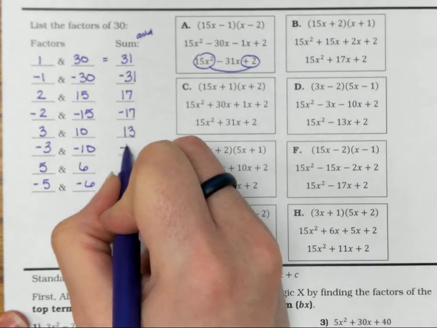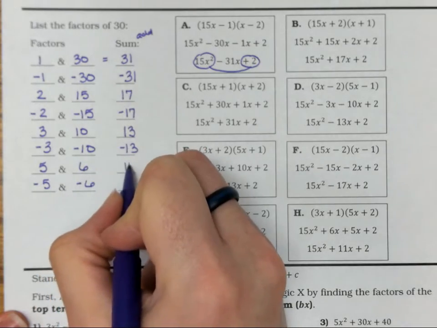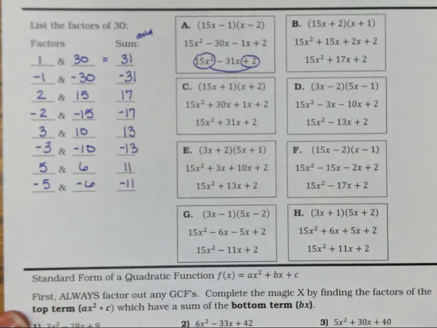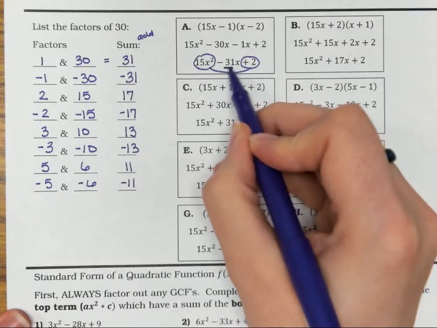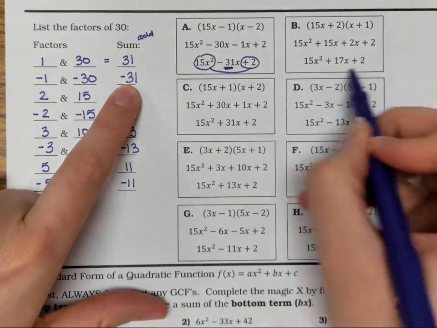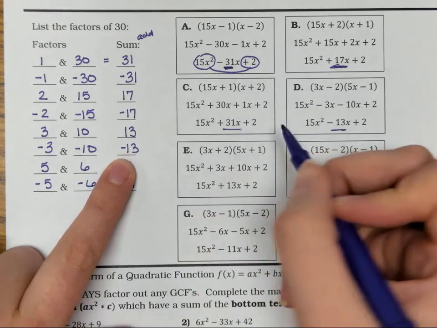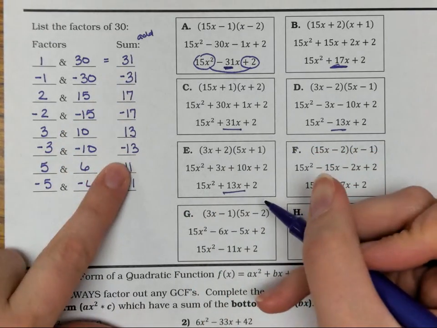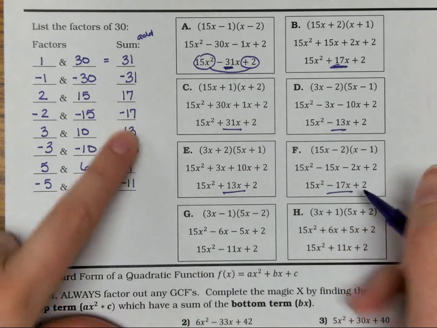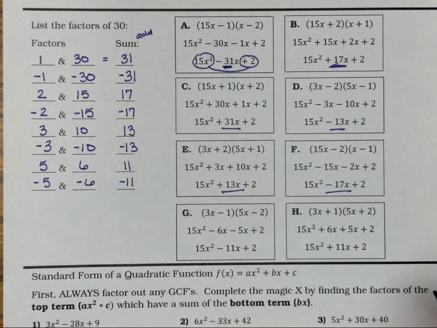Here's 13, negative 13. 11 and negative 11. And if you'll notice, the middle term is one of the sums, right? 17, negative 13, 31, positive 13, negative 17, and so on, okay?